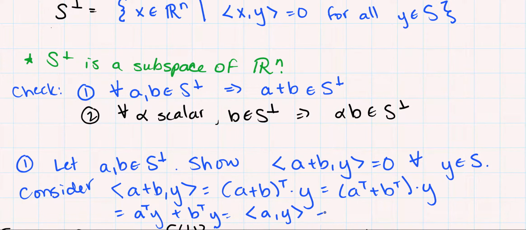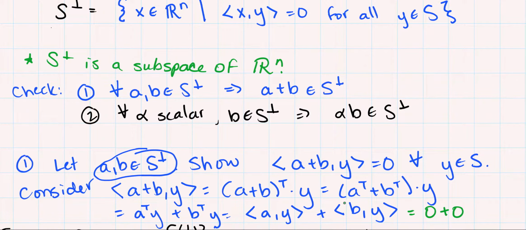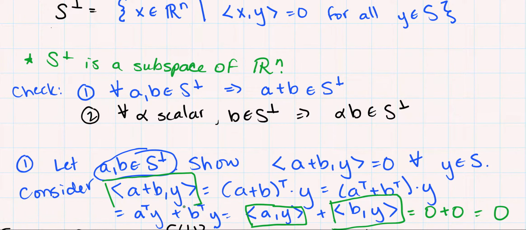So then this is equal to 0 plus 0. Because if a is in S perp, this inner product is 0. And if b is in S perp, this inner product is 0. So then 0 plus 0 is 0, and we get that this inner product is equal to 0. So a plus b is in our space S perp.